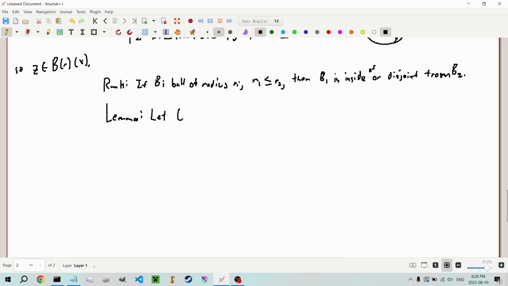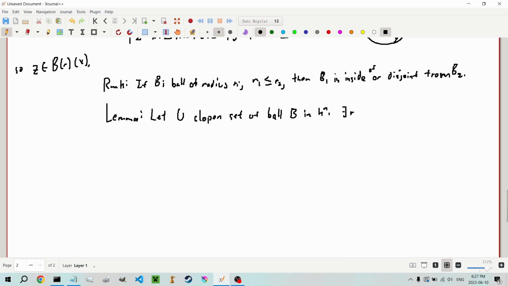Let U be a closed and open subset of a ball B in K to the n.